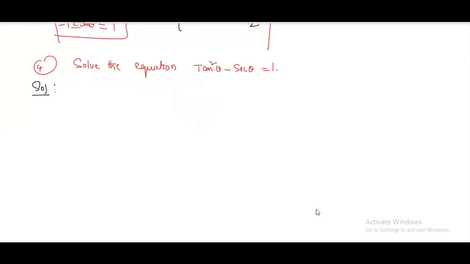So the solution for this question: what is given is tan square theta minus secant theta is equal to 1. So this we can write like tan square theta minus secant theta minus 1 is equal to 0. Tan square theta we can change in terms of secant.